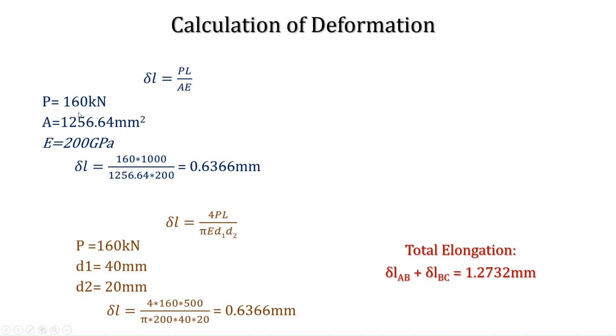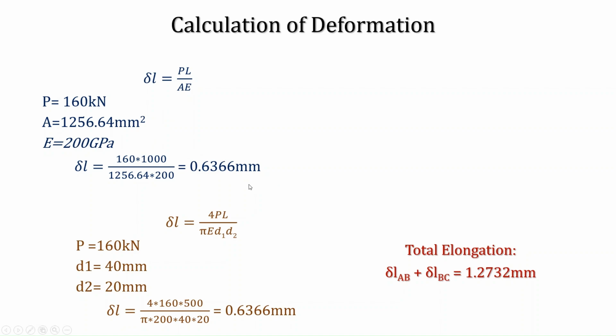The magnitude of load acting is 160 kilonewtons, which is common for both the linear as well as the tapered portion. This is the area of cross section of the linear portion of the bar, and this is the Young's modulus of the material of the bar. Substituting the values, we get delta L to be equal to 0.636 for the straight portion of the bar.